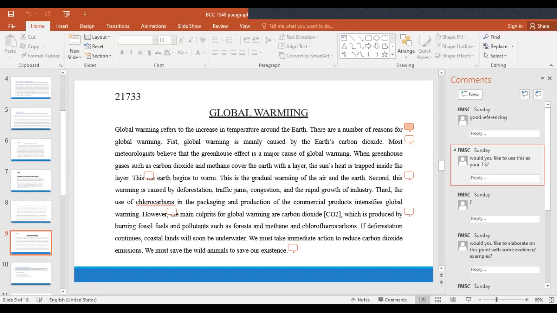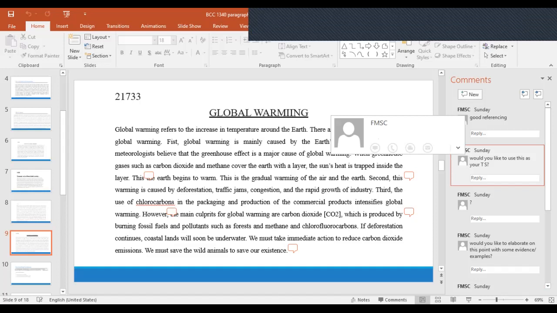I have said global warming refers to increase in temperature around the earth. So when I read your paragraph, what I felt was perhaps this sentence, the second sentence, can be used as the topic sentence of your paragraph. So maybe you can agree with my point or disagree with my point.